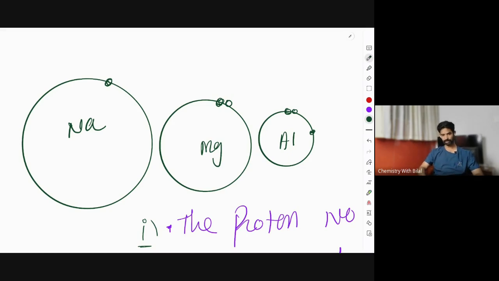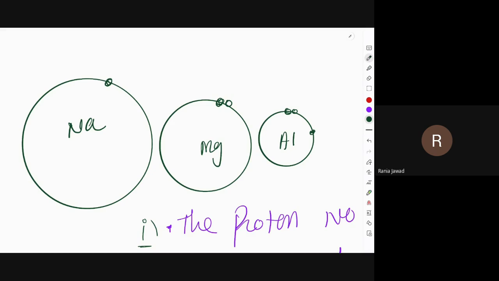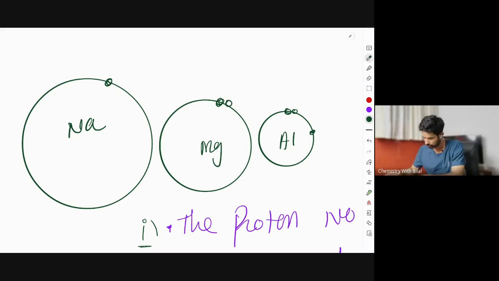Forget why, just tell me which of these 3 particles can give an electron easily? Sir, I think aluminum. Aluminum, you think aluminum can lose an electron easily?